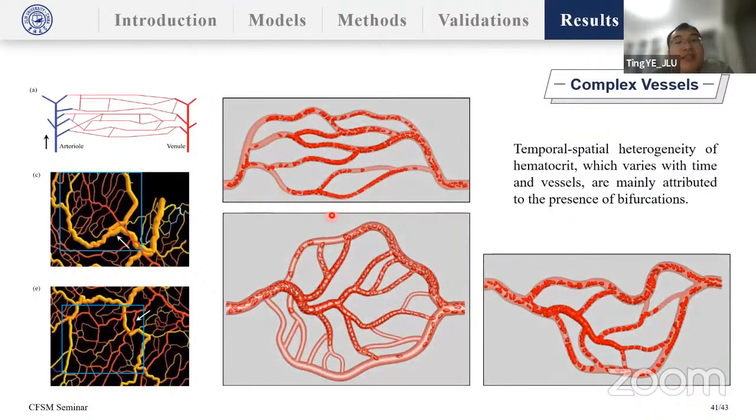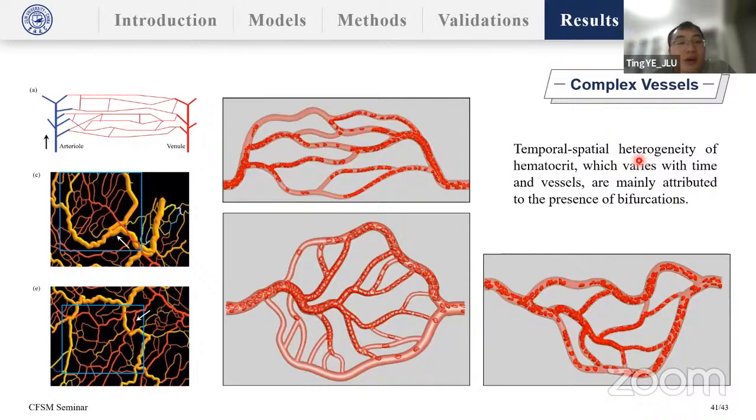Okay, then we construct several more complex networks to examine the cell temporal and spatial distribution, which is difficult to measure by experiment. It is easily found that the hematocrit distribution is different in different vessels. This is a spatial heterogeneous distribution.